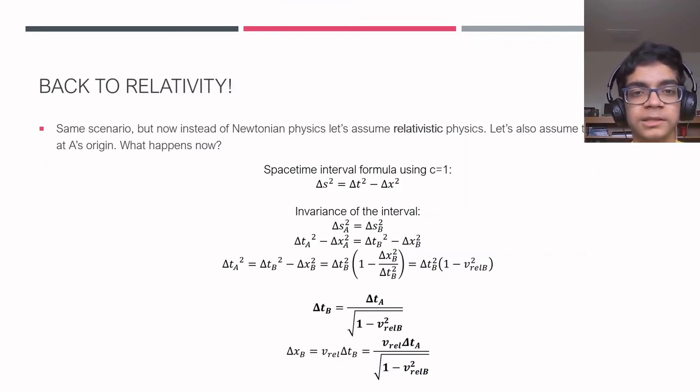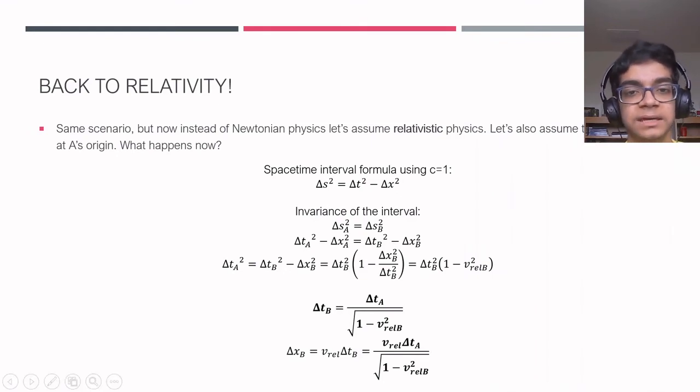Well, let's use our space-time interval formula, using c equals 1 in only the x and t dimensions, which is delta s squared is delta t squared minus delta x squared. Next, remember, Einstein said that the interval is always invariant in these two reference frames.